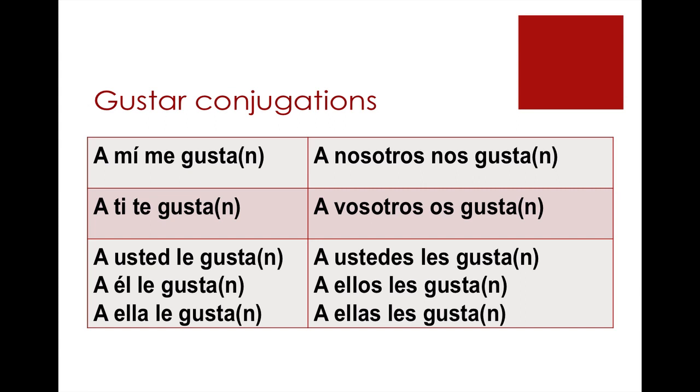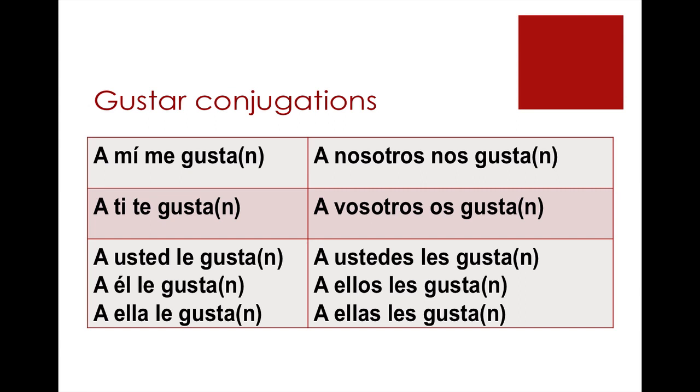A ella le gustan. A nosotros nos gusta. A nosotros nos gustan. A vosotros os gusta. A vosotros os gustan. A ustedes les gusta. A ustedes les gustan. A ellos les gusta. A ellos les gustan. A ellas les gusta. A ellas les gustan. Muy bien.